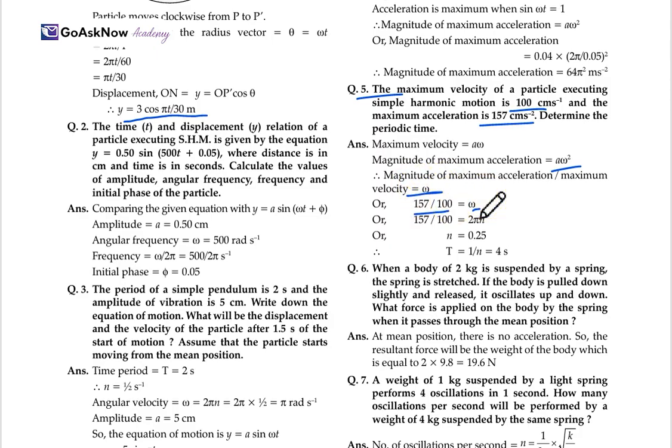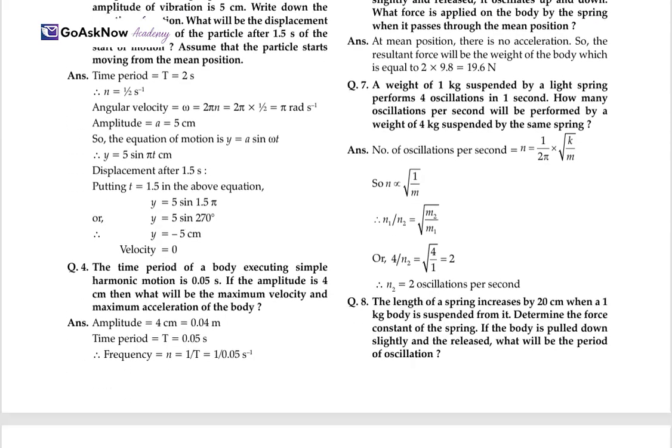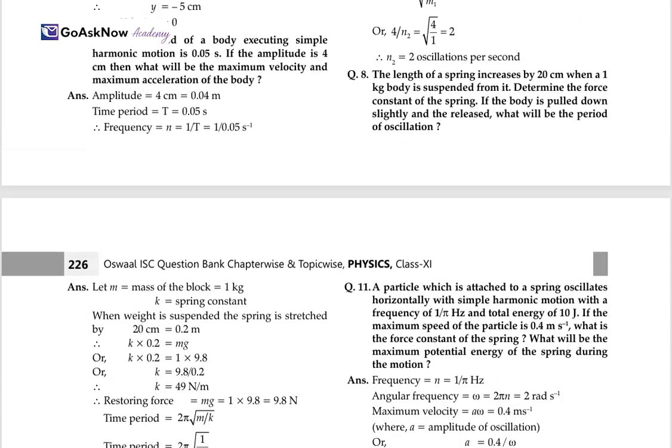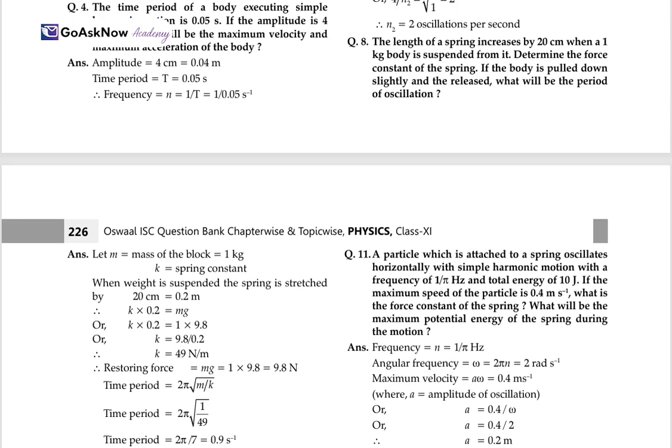Omega is equal to 2 pi n, so here we get n equal to 0.25 and T equal to 4 seconds. These are all based on the time period equation, the displacement equation, and the acceleration and velocity equations.